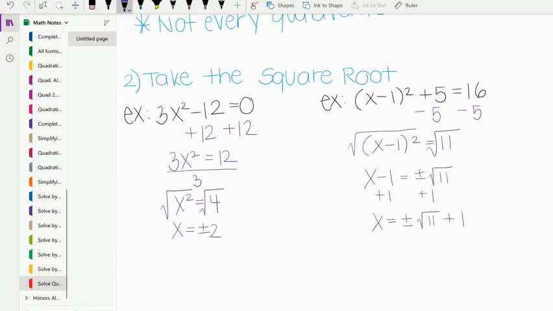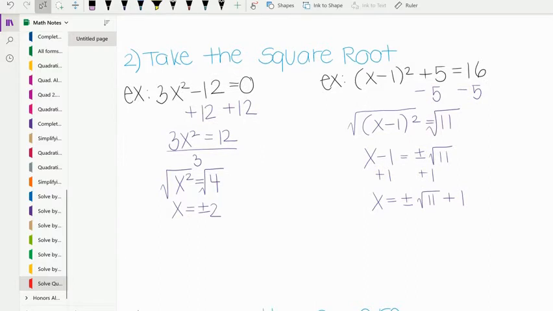It's positive root 11 plus 1 and negative root 11 plus 1. And a couple of important things about taking the square root, when you would want to use it. So you would want to use it when the equation is in vertex form, just like the one on the right, it made it simple.